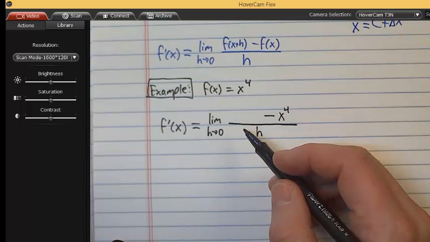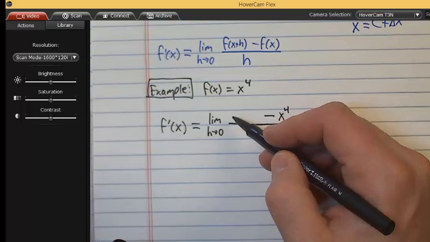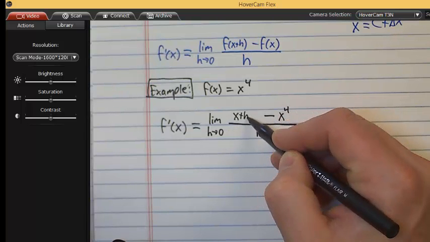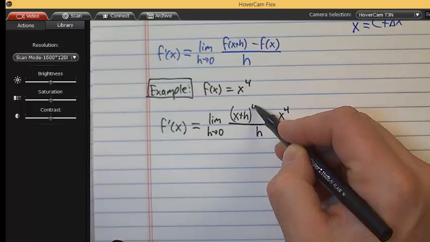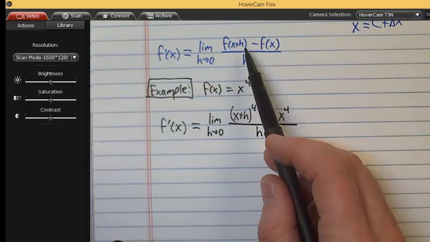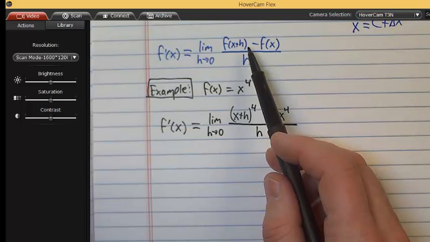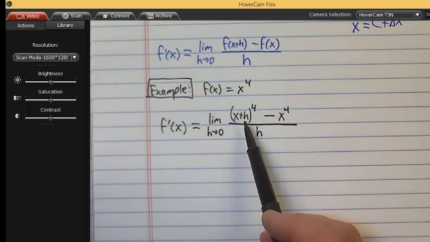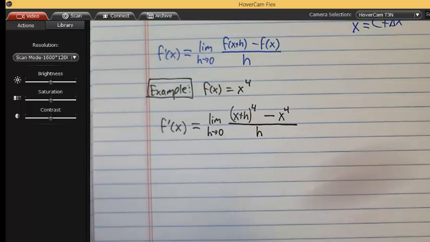No? Good guess. X plus h to the 4th. See, what this means is everywhere that there used to be an x, you're going to put what? X plus h. So that's what's being raised to the 4th power. Does that make sense to you guys?